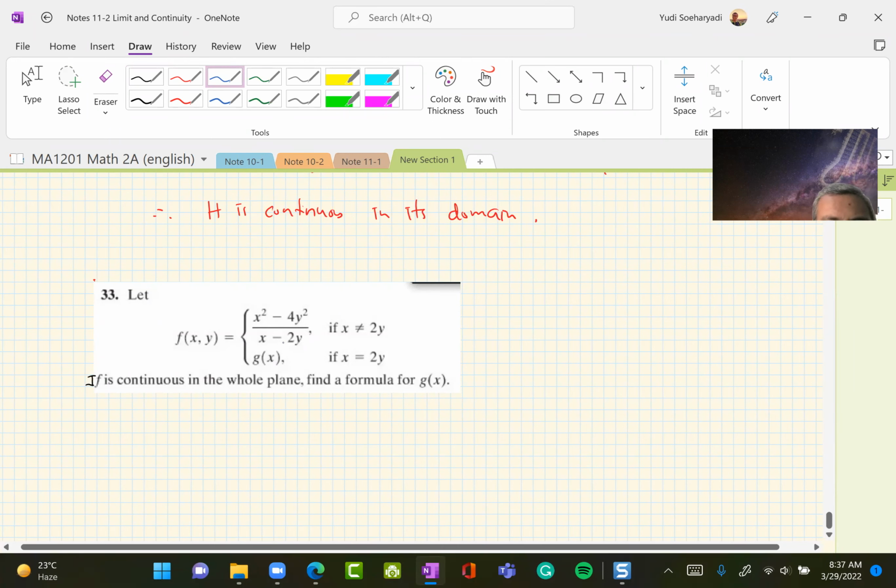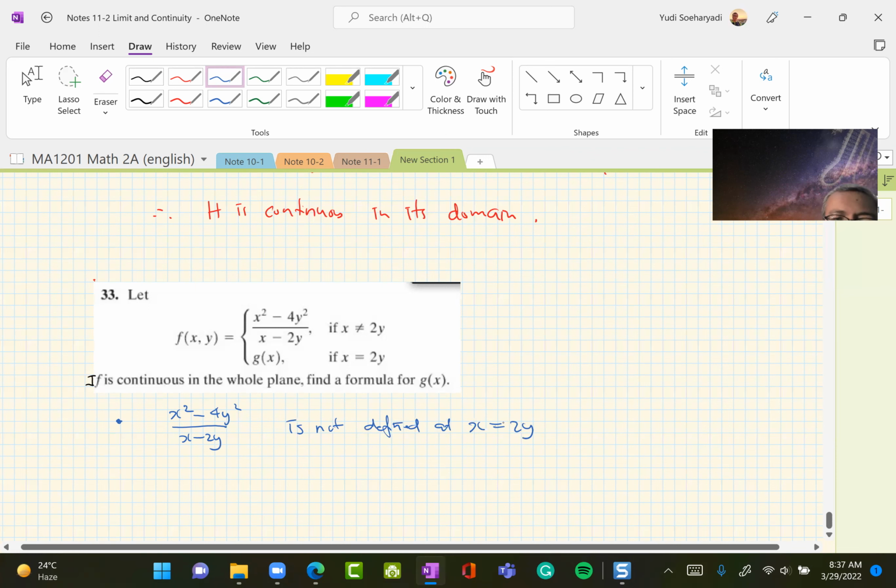According to this one, this is not defined at x equals y.